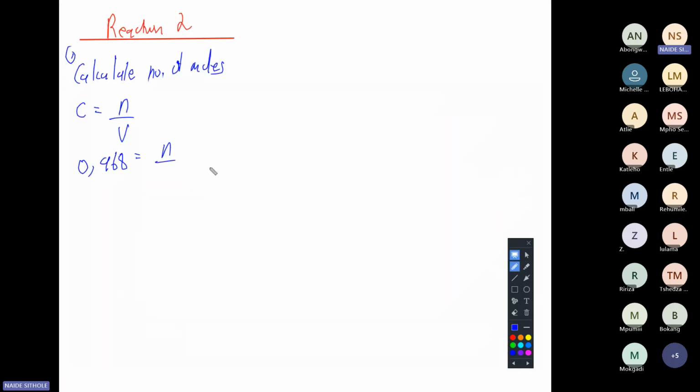What do you get? You get 0.025. And then when you cross multiply it, it should be 0.0242 mole, right? We have calculated the number of moles.